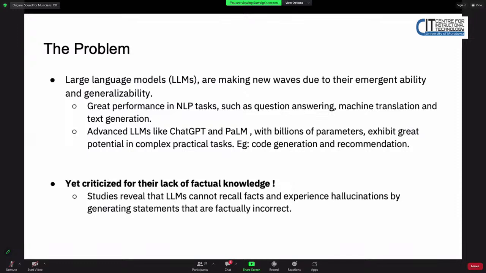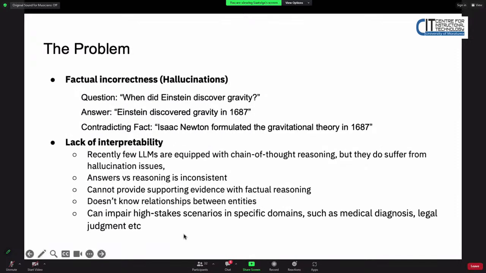But one problem that is there is a lack of factual knowledge in LLMs. Purely it's based on text, learns the context from the text, but it doesn't have an understanding of factual knowledge. So often this leads to something called hallucinations in LLMs, which means that they generate statements that are factually incorrect. For example, when you ask a question like, when did Einstein discover gravity?